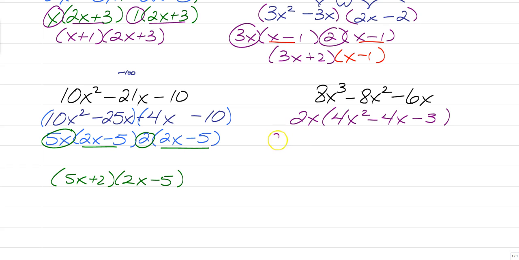So we already have our 2x outside. We can leave it there if we want to. And then we're going to have 4x squared and a negative 3 on the end. And we multiply those together, we get a negative 12. So what will multiply to a negative 12 but add to a negative 4? And that would be a negative 6x and a positive 2x.